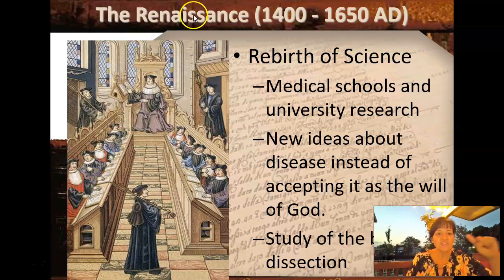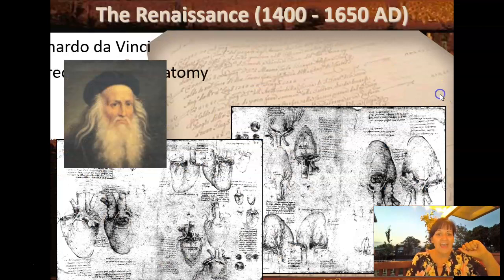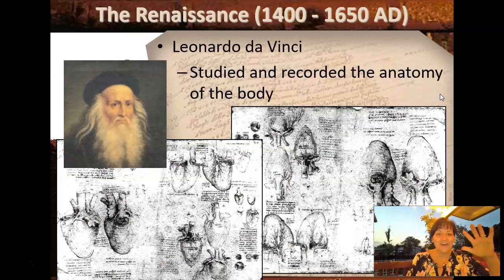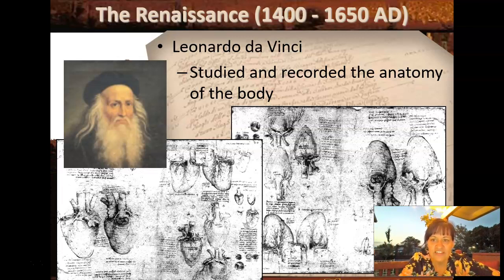They actually started dissecting bodies in the Renaissance period. And guess who? Leonardo da Vinci was amazing. He studied and recorded the anatomy of the body. Here are some of the drawings that he drew. We know he's incredible in all different things in the Renaissance period, right? But seriously, his drawings of the body were incredible. And this is a heart, and it's absolutely amazing.